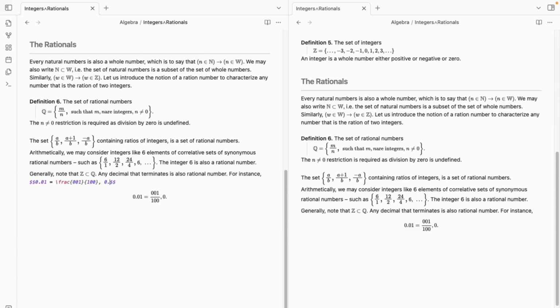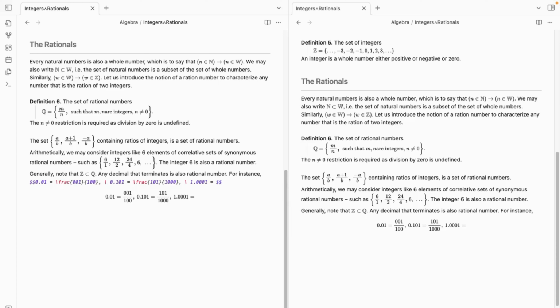And the same is true for 0.101, which may also be expressed as the fraction 101 over 1000. And the same is true also for the terminating decimal 1.0001.